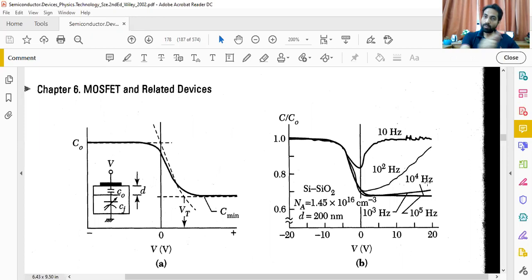As you are making the frequency high, obviously these capacitive effects will keep on changing. That shows that with an increase in frequency, there is a lowering of junction capacitance. And while you are reducing the frequency, sorry, just the opposite.